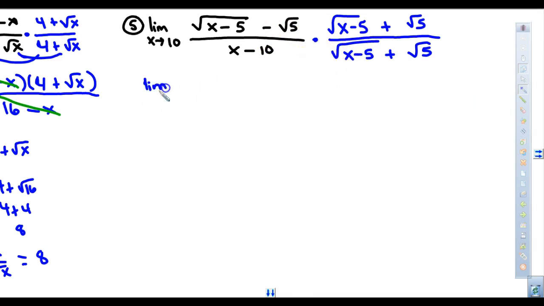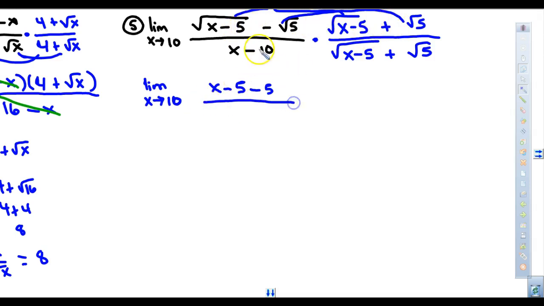So whichever part of your fraction you are using the conjugate for, multiply that part out. Square root of x minus 5 times square root of x minus 5 is x minus 5. And then negative square root of 5 times positive square root of 5 is negative 5. Remember, they're conjugates. You only have to multiply first and last terms.